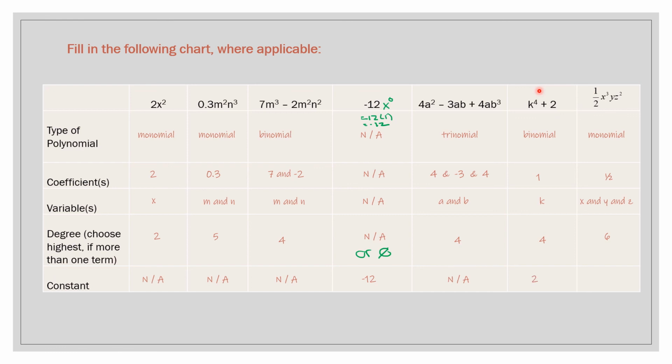Yes, it does. It has a 2. And our very last one, any constant here? No, because the 1/2 is a coefficient at the front. There's no other numbers, so there's no constant there. So that is it. That's the terminology that you need so that we can communicate with algebra, and we all are using the proper vocabulary we need to.